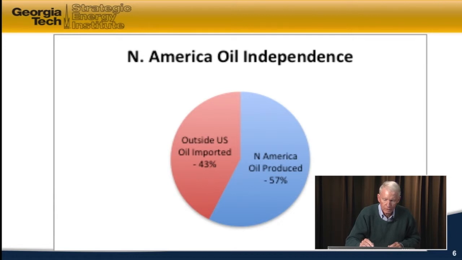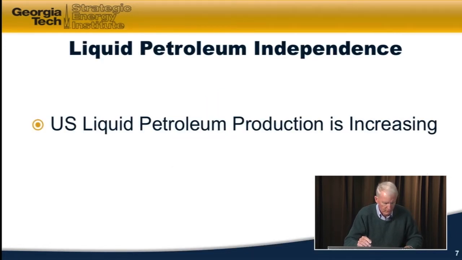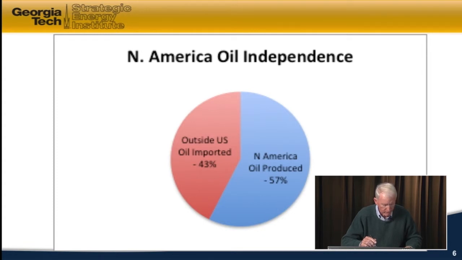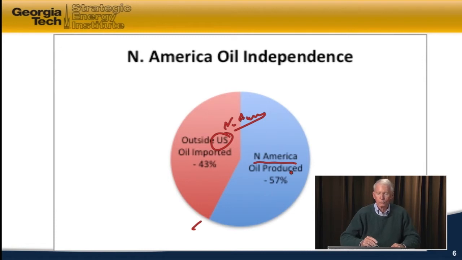And this should not say here, this is a mistake that I have here. That's outside North America, okay? Outside North America, and this is what's produced inside North America.